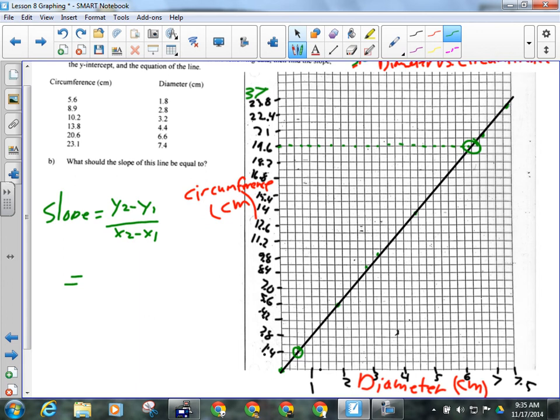Right, now you see why picking a grid intersection is a good idea. Really easy to get your point values. 19.6, okay, and minus 1.4. All right, same thing for the x values. All right, 6.25 minus 0.5.